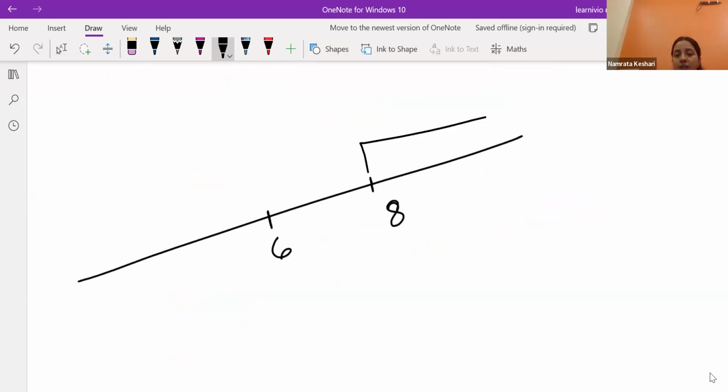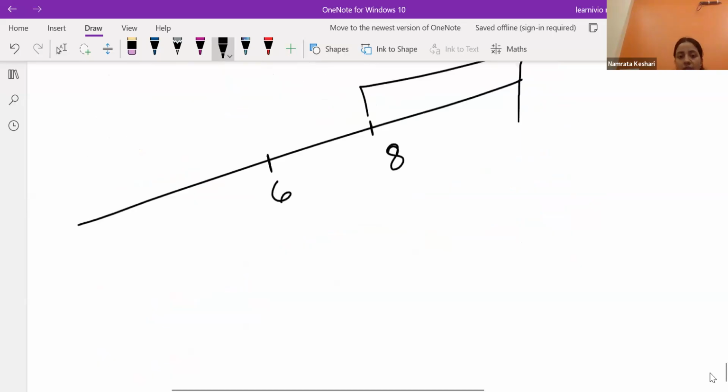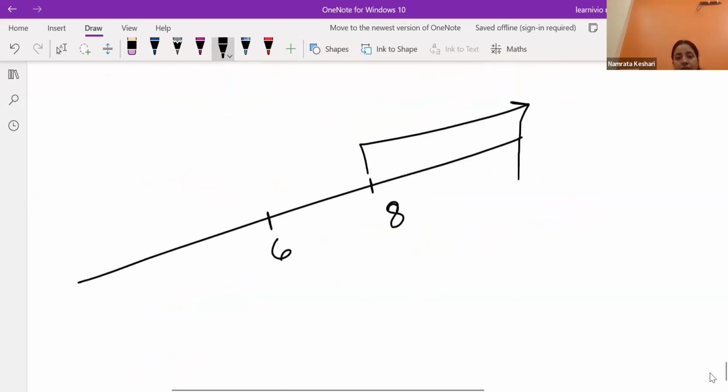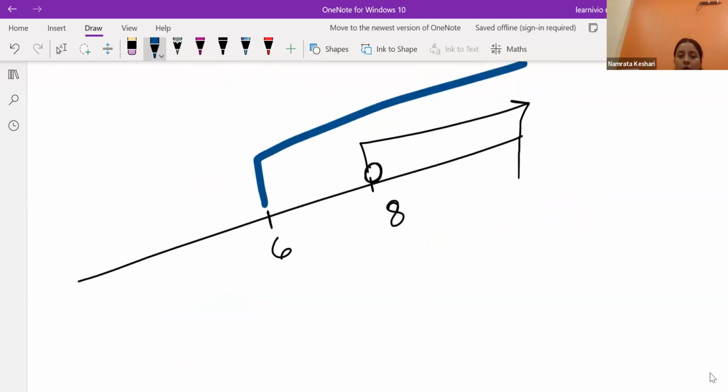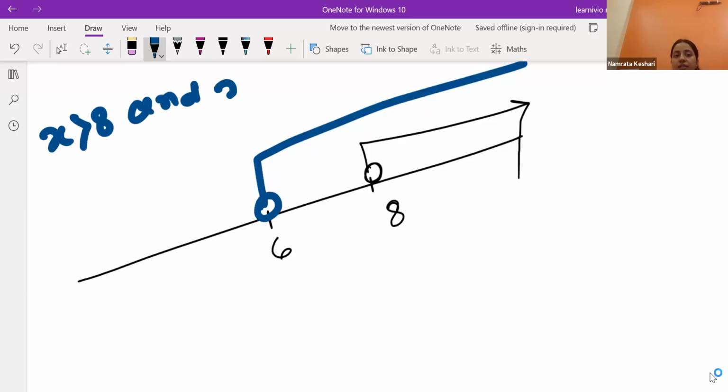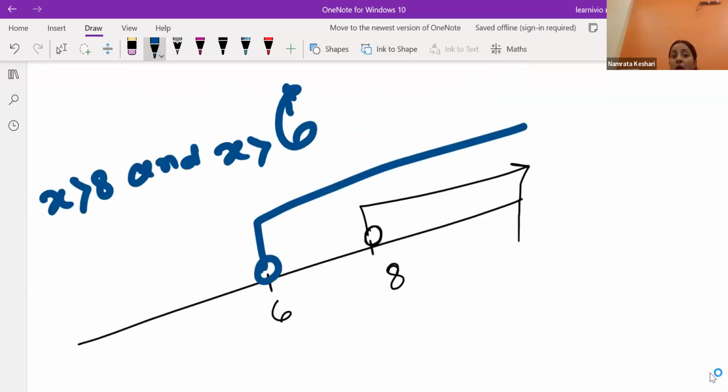X is bigger than 8 will be this one, right, Manvi? Yes, ma'am. A hollow circle. And x is bigger than 6 will be this one, also a hollow circle. Now, when "and" is there in between, x is bigger than 8 and x is bigger than 6, then you have to take the common solution.